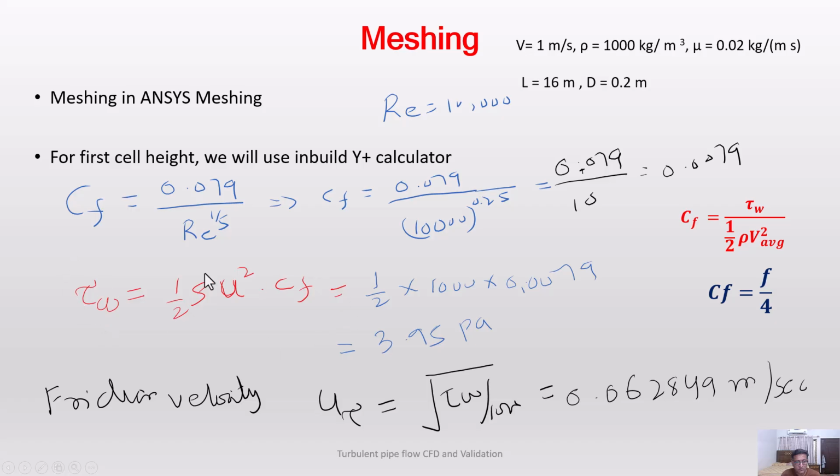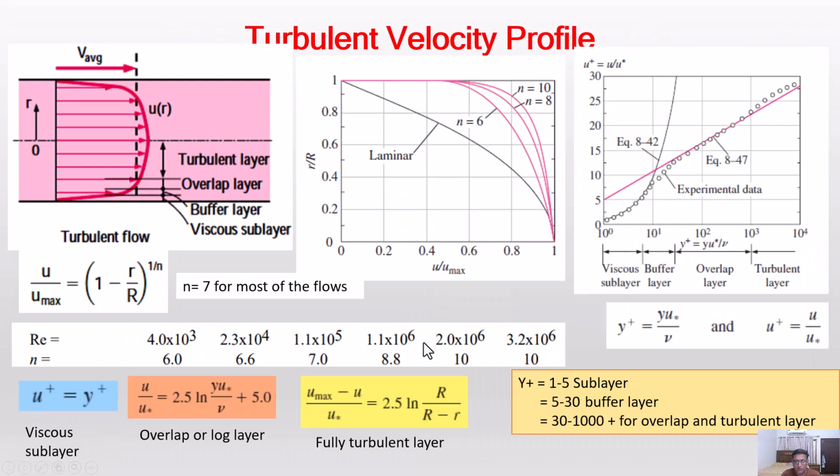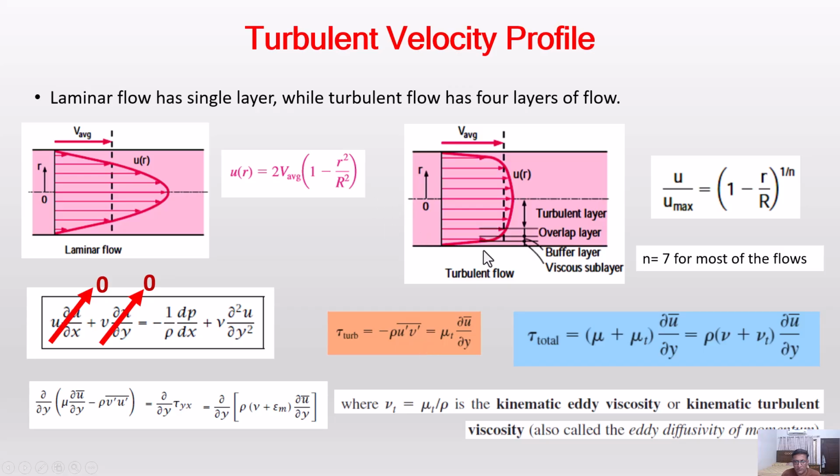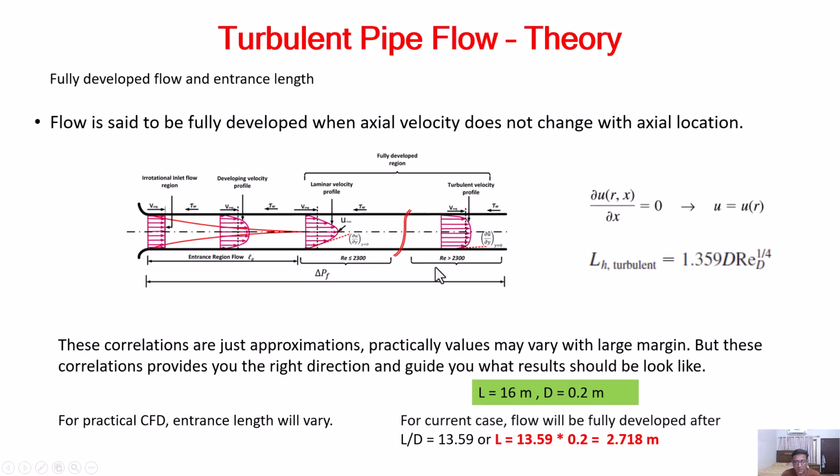So I can solve this for wall shear stress, which will be equal to 1 upon 2 rho v square into CF, and the velocity is equal to 1 meter per second, density is equal to 1000 kilogram per meter cube, and I got the wall shear stress equal to 3.95. The wall shear stress would be on the wall. Okay, that you see the slope here, this one.